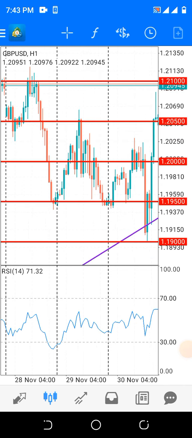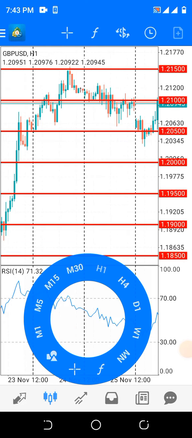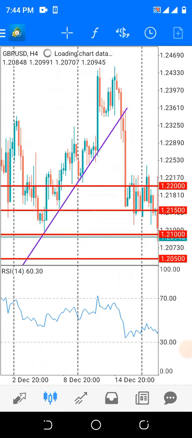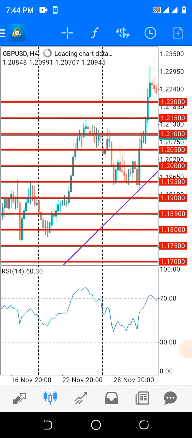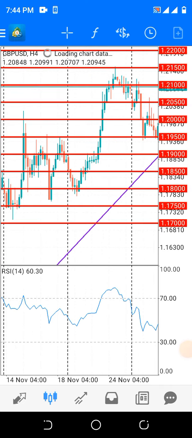That is the combination of trend line and psychological level. Now let's switch to 4-hour time frame. Now this is a 4-hour time frame.